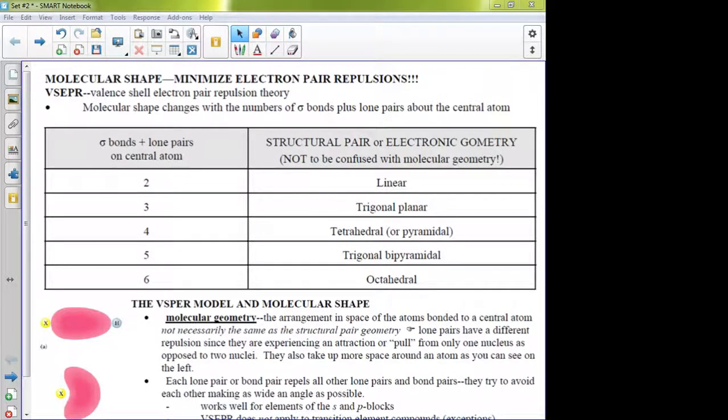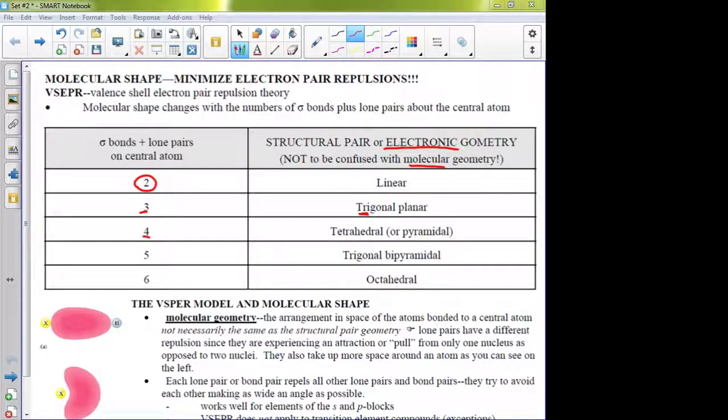Now remember, we talked about how there is a difference between the electronic geometry and the molecular geometry, okay? Now the electronic geometry is easy. You just add up all of the areas of electron density, and if there's 2 areas of electron density, then it's linear, which just means it would be in a line. If there's 3 areas of electron density, it would be trigonal planar, because tri means 3.